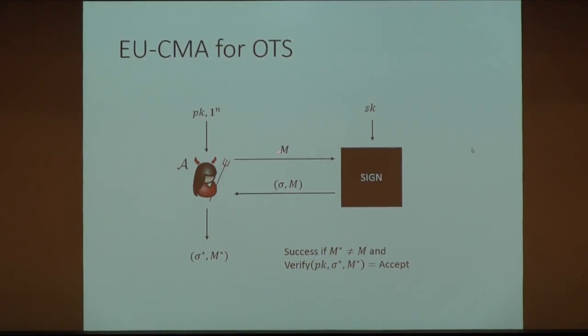He might ask for the signature on one message of his choice, and then receives back this signature with the message. Then he has to come up with a new signature-message pair such that sigma star is a valid signature for m star, and m star is different from m, the message that he asked a signature for. And if you go to the general signature case, then you can repeat this q times for some q. Okay?